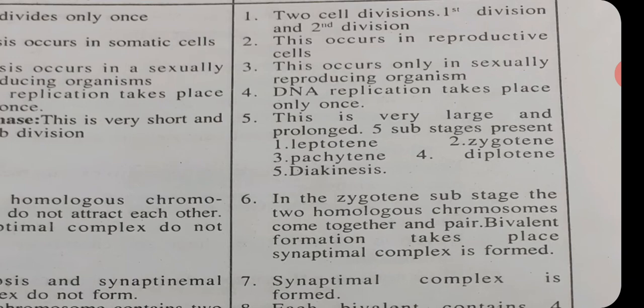Especially in pachytene, crossing over occurs, the exchange of genetic segments of chromatids between non-sister chromatids, which is a significant incident during meiosis. It can lead to the production of new combinations, recombinants. This leads to different kinds of gametes and different kinds of offspring, so it is very important.